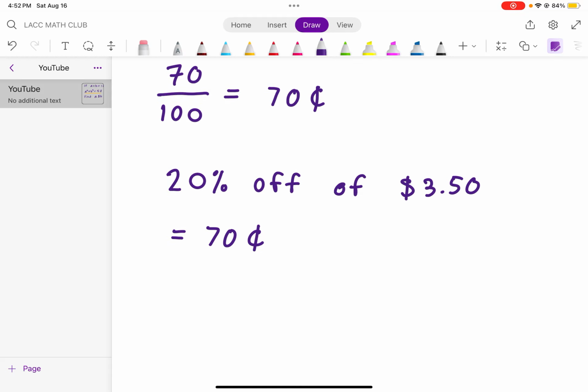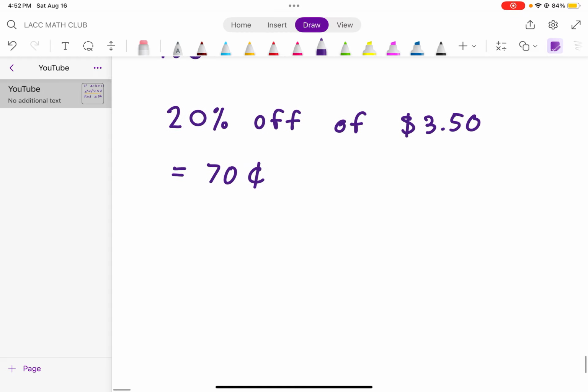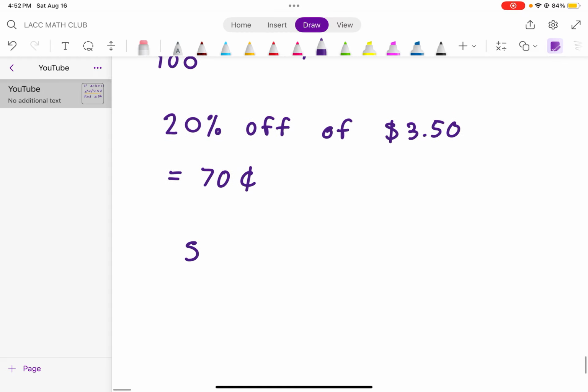Now, what we need to do to find the price of this thing is subtract. We're going to do $3.50 minus $0.70.